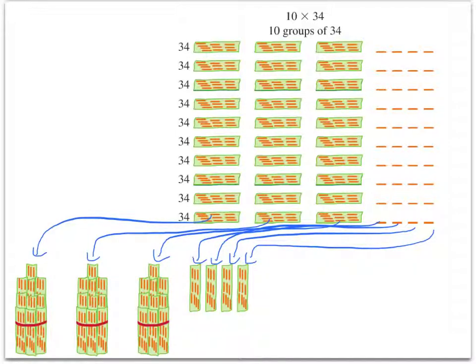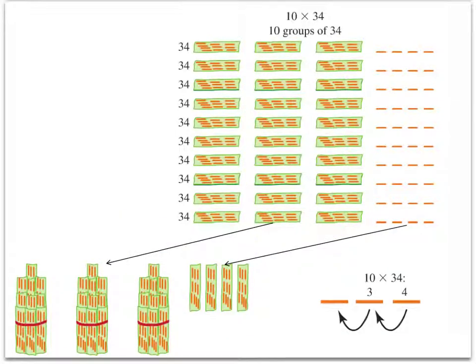And so what we see here is that when we rebundled things according to bundles of 10 or 100, all these bundles of 10 got moved over here to form bundles of 100. All these individual toothpicks got moved over to form bundles of 10. And so we can illustrate what happened here with this picture.